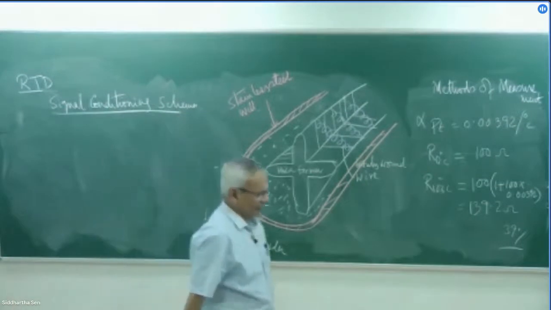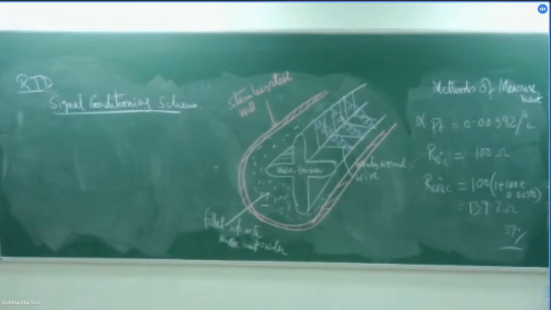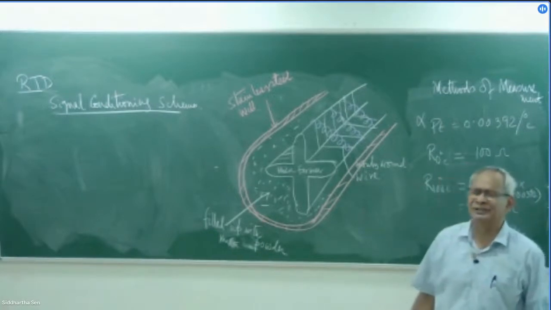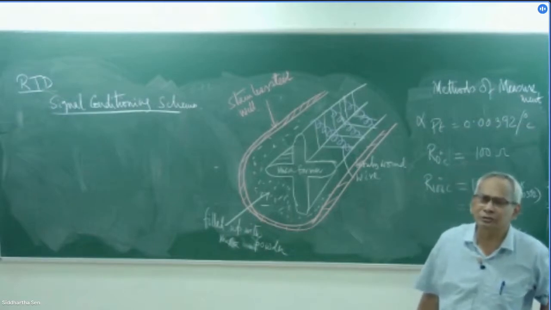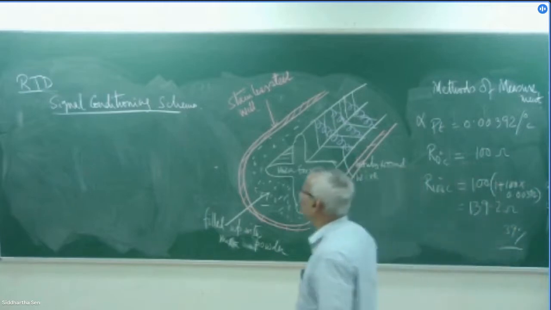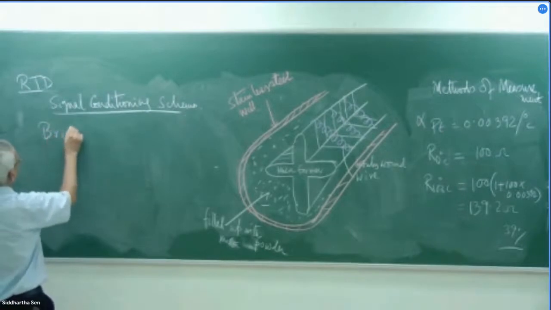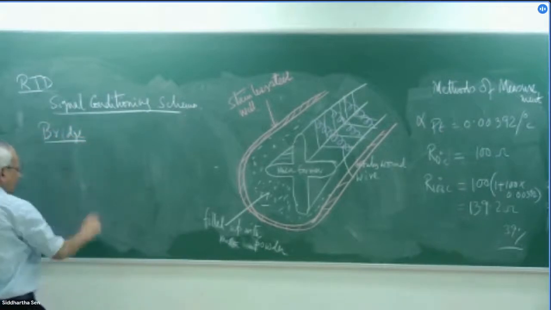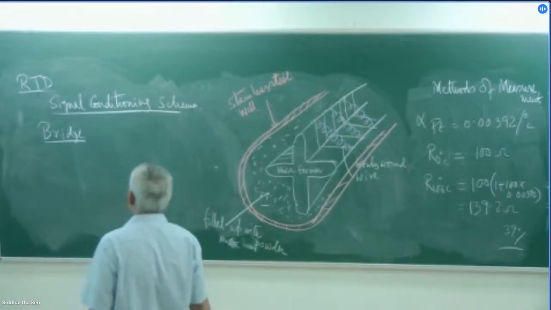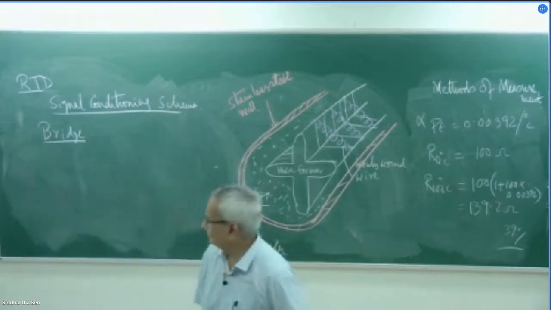If we want to measure a resistance in the order of 100 ohm and something, the preferred signal conditioning circuit is basically a bridge. It's Wheatstone's bridge, basically an unbalanced Wheatstone bridge we have here.